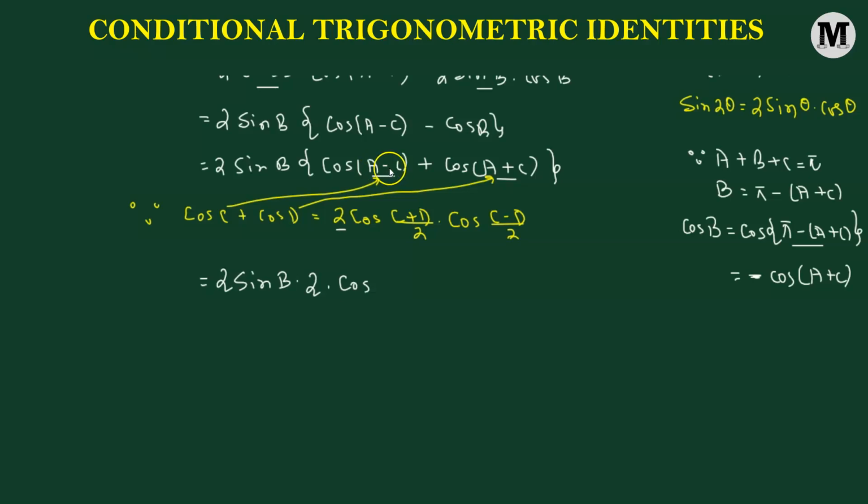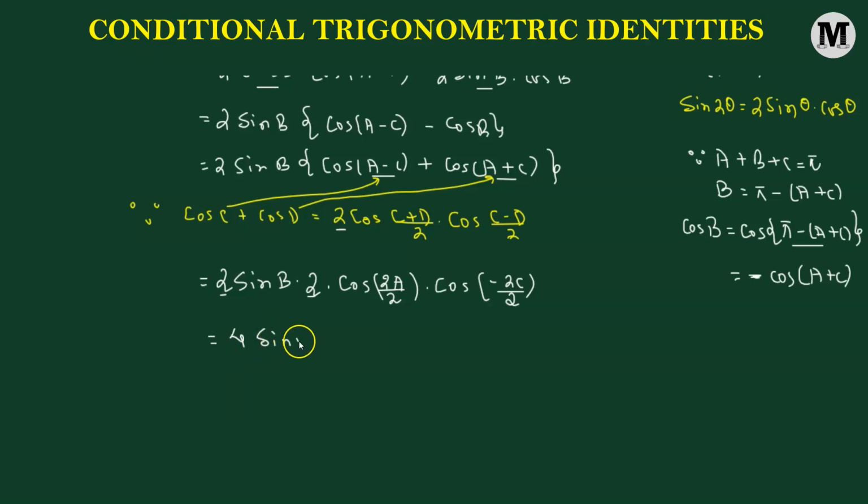C plus D means A minus C added to A plus C, so that's going to give us 2 times A, but we again have division by 2, so we have 2A over 2 multiplied by cosine of the angle. Next we need C minus D over 2. C minus D simply means A minus C, and from here we subtract A plus C. That's going to give us negative 2C divided by 2. So we have 2 and 2 multiplied to give us 4.